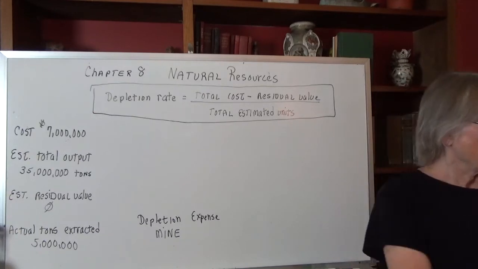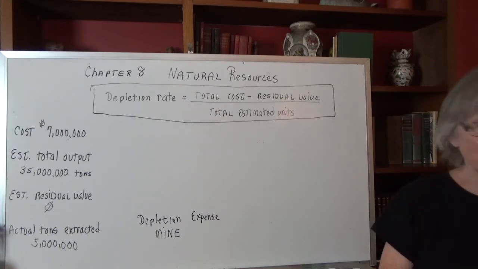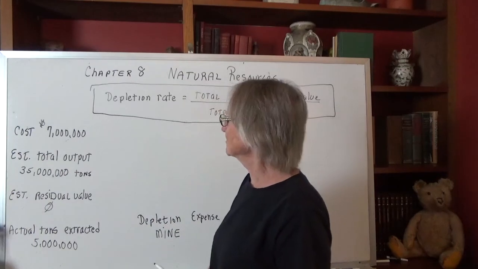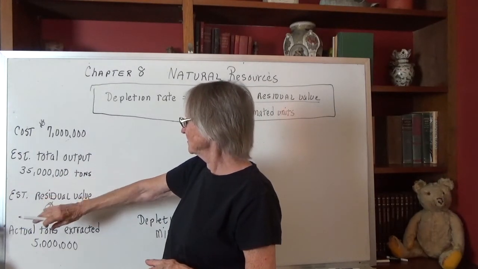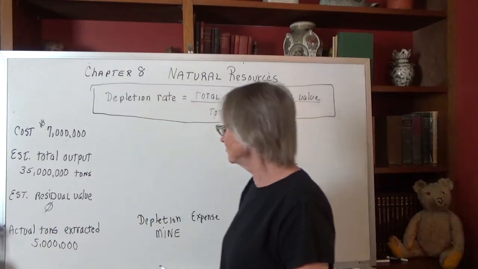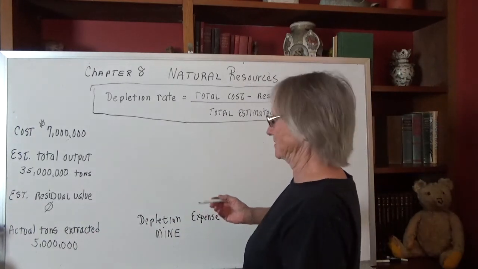So let's see how this works. I've got this example: we've bought a mine that cost $7 million. The estimated total output is 35 million tons. No residual value. And this year we extracted 5 million tons. All right, so really it's fill in the blanks.